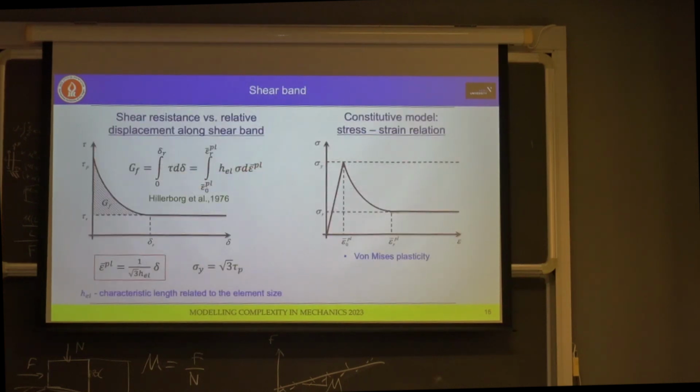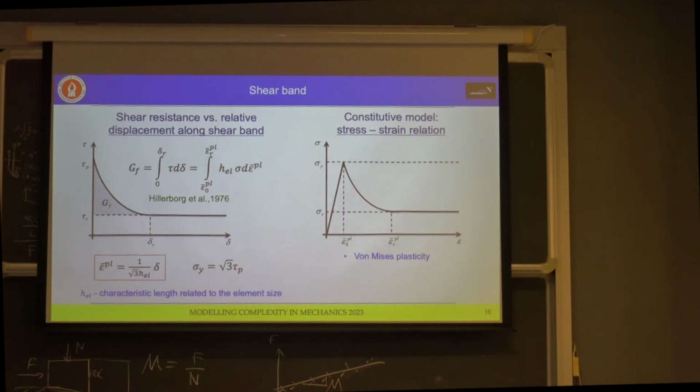Okay, so now we'll talk a little bit about this shear band. Shear band in geotechnical engineering is usually given as shear strength versus the displacement along the shear band. Now, when I apply it to Abaqus, to Eulerian mesh, actually there I have some failure with one element width.